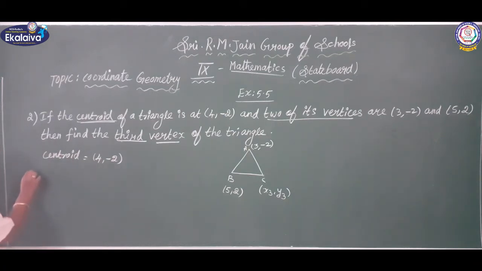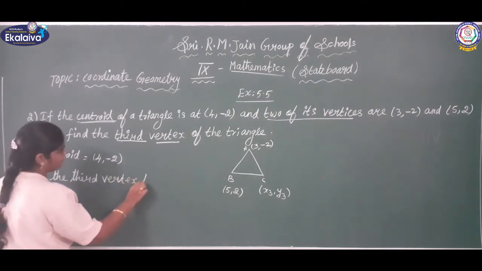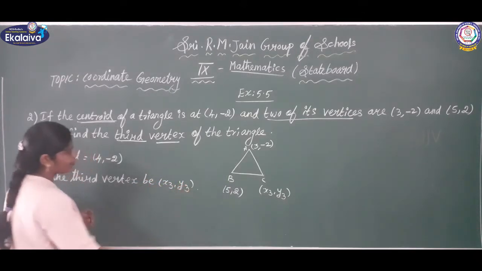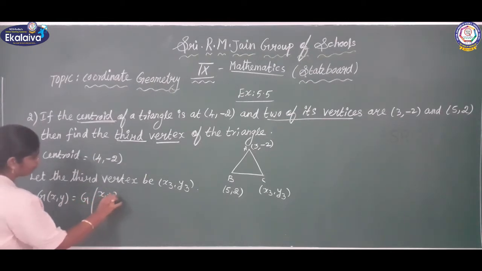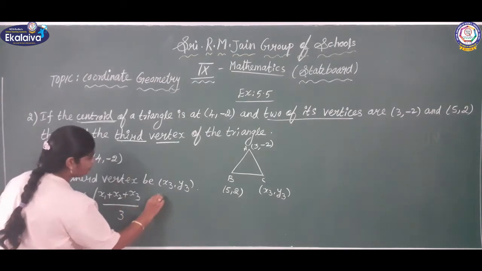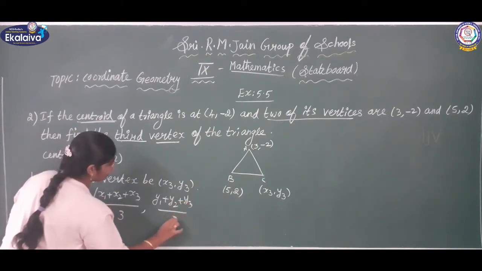Let the third vertex be x3, y3. So first write the formula, children. G of (x, y) equal to G of ((x1 plus x2 plus x3) by 3, (y1 plus y2 plus y3) by 3).